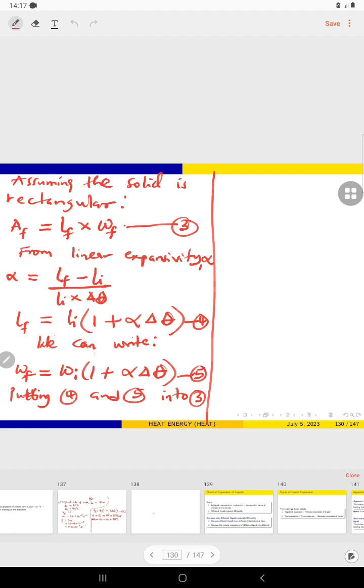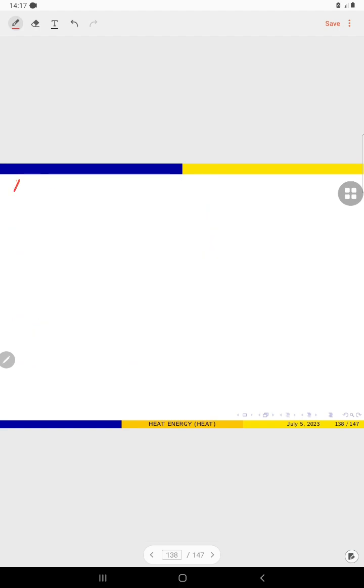Okay, AF equals LF, which is LI times 1 plus alpha delta theta, times WF, which is also WI times 1 plus alpha delta theta.